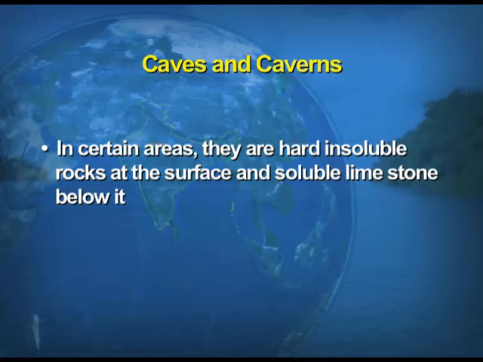Now, we take up the caves, which are formed by the erosional action of the underground water. In certain areas, there are hard insoluble rocks at the surface and soluble limestone below it. Then what happens?